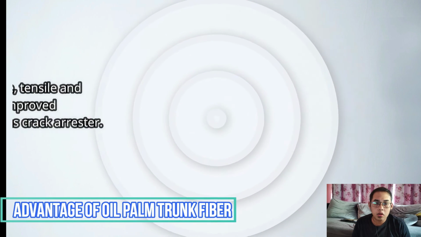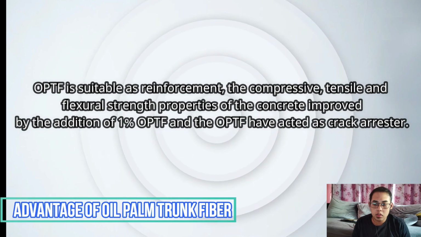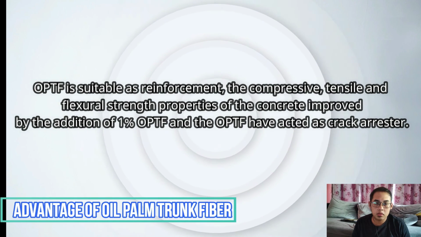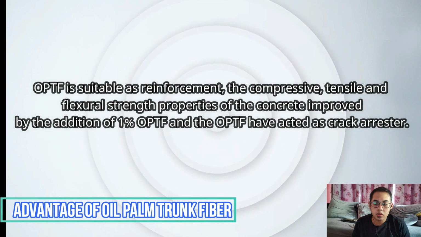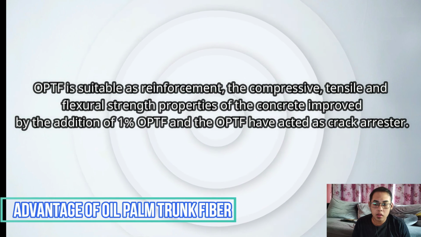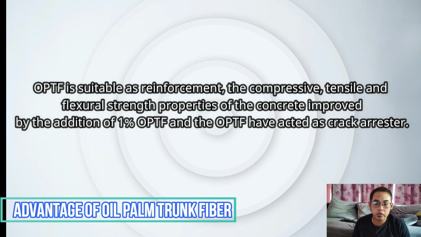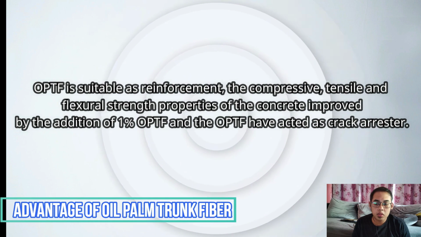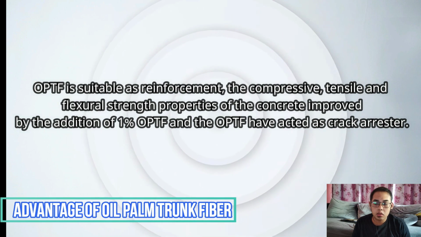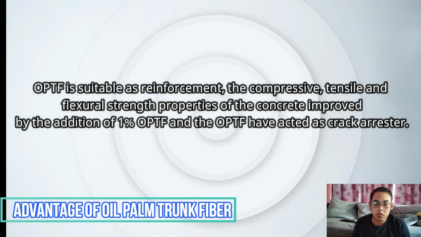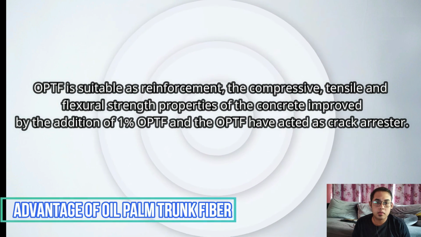Lastly, oil palm fiber is suitable as reinforcement. The compressive, tensile, and fracture strength properties of the concrete improved by the addition of 1% oil palm fiber, and the oil palm fiber acted as crack arresting.